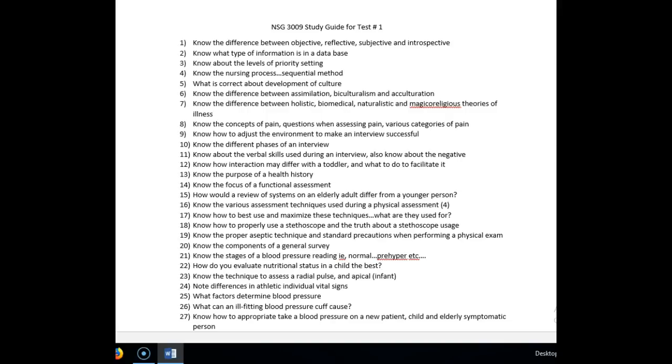However you can memorize it, it's fine. So the waist circumference can indicate a metabolic syndrome, and that means over 35 inches for a woman, over 40 inches for a man.